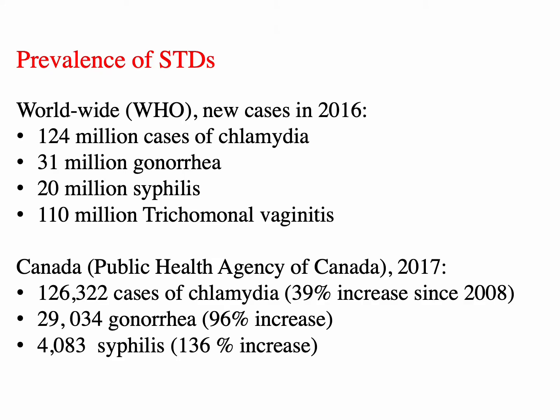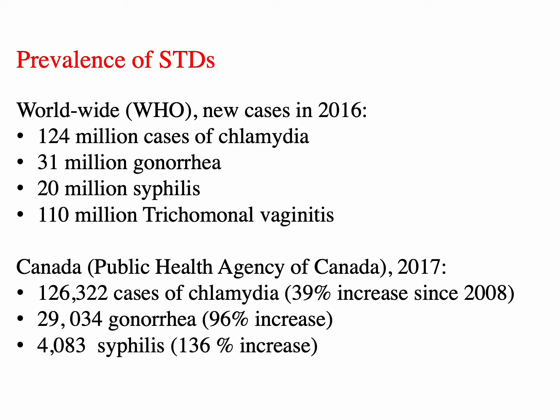So what is the prevalence of STDs? In 2016, the World Health Organization, or WHO, reported that worldwide there are 124 million cases of chlamydia, 31 million cases of gonorrhea, and 20 million cases of syphilis. These are three of the 4 important ones.